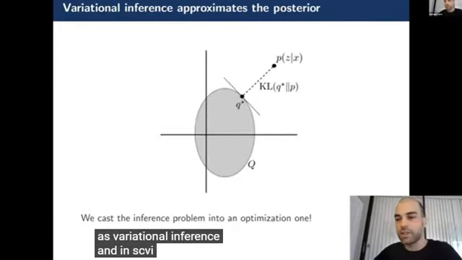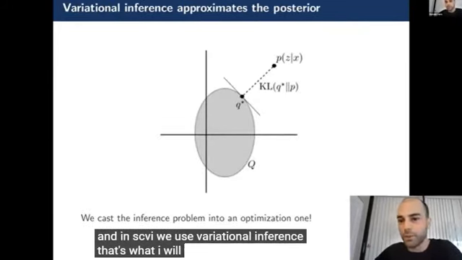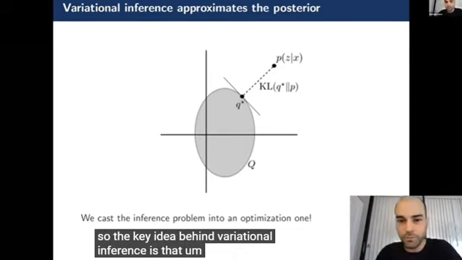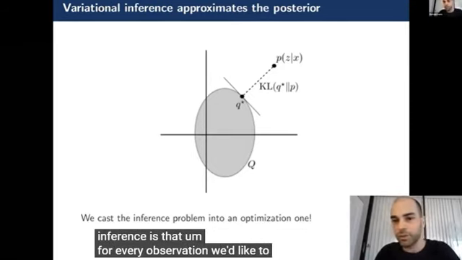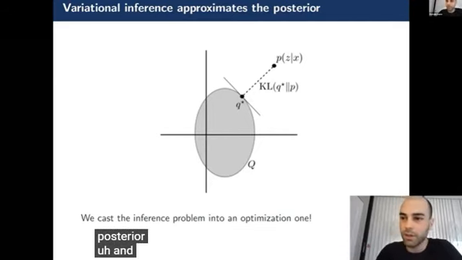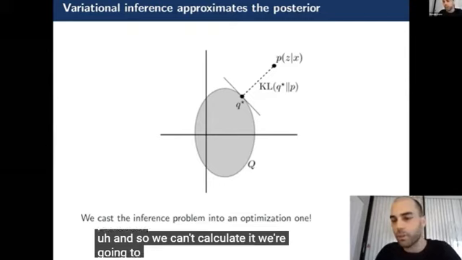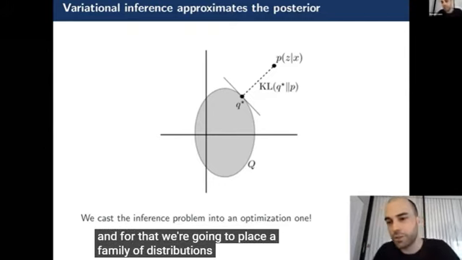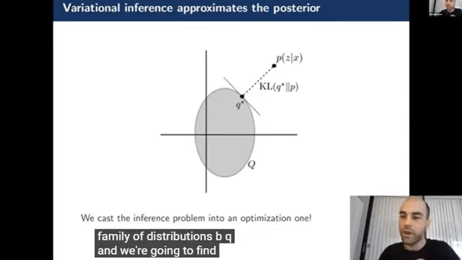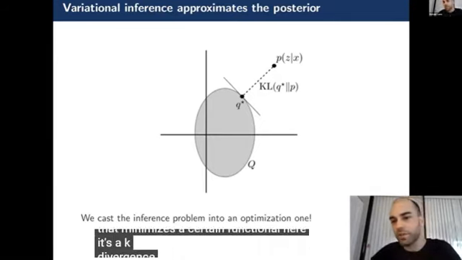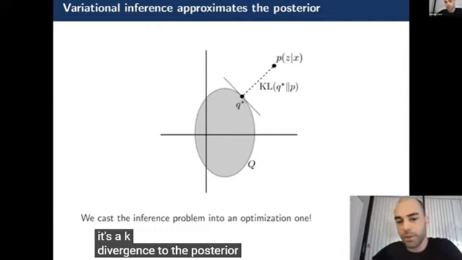And in scVI, we use variational inference. That's what I will present today. So the key idea behind variational inference is that for every observation X, we'd like to calculate the posterior. And we can't calculate it, so we're going to approximate it. For that, we're going to place a family of distributions Q, and we're going to find the point Q star that minimizes a certain functional, here a KL divergence, to the posterior.